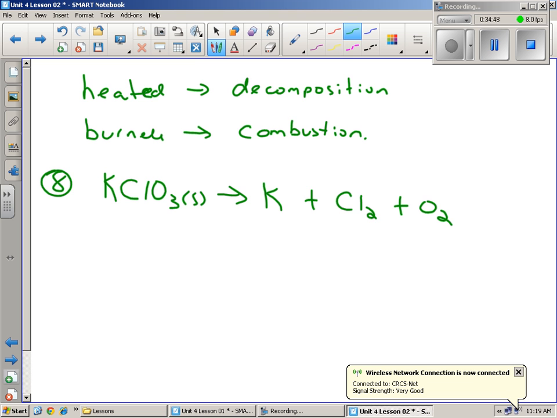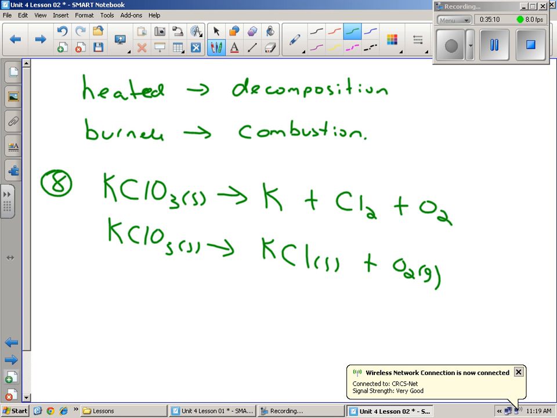Okay? In the question, it says, when heated, potassium chlorate gives you potassium chloride and oxygen. Now, I'm going to tell you right now that in most cases I am not going to say that to you.